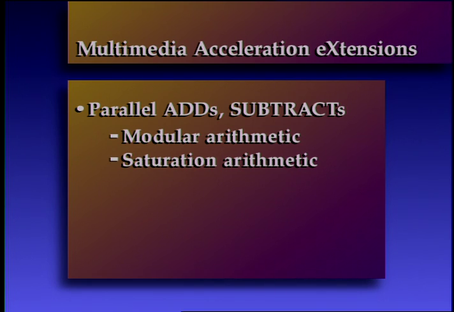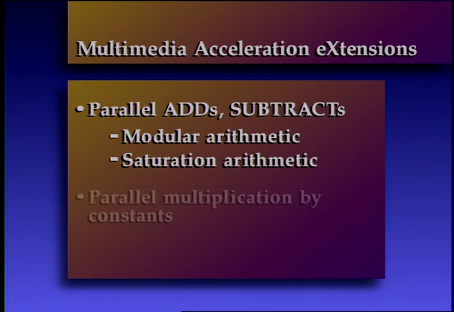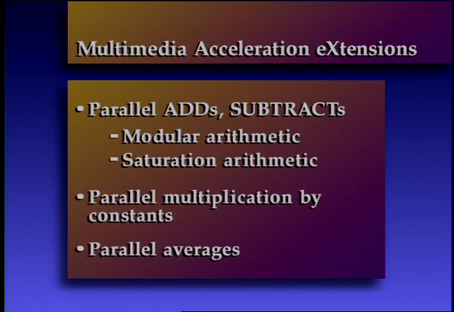We'll be discussing saturation arithmetic later on. MAX also includes parallel shift and add instructions, which allow multiplication by constants to be performed. It also includes the parallel average instruction, which performs an arithmetic mean on the parallel pairs of subwords in the 2 source registers.